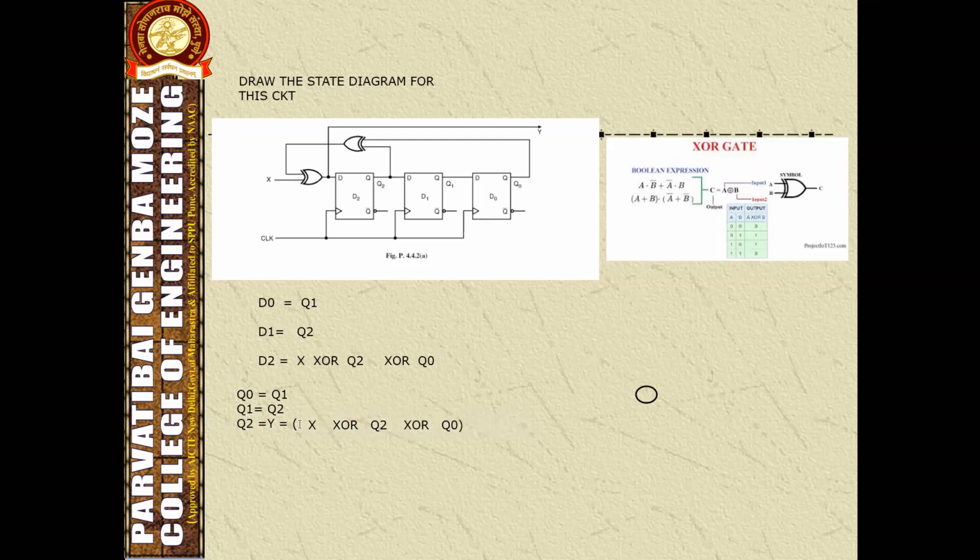This is the expression for the Q2 terminal. For this expression, these are the expected outputs, so we have to write the excitation table for these outputs.